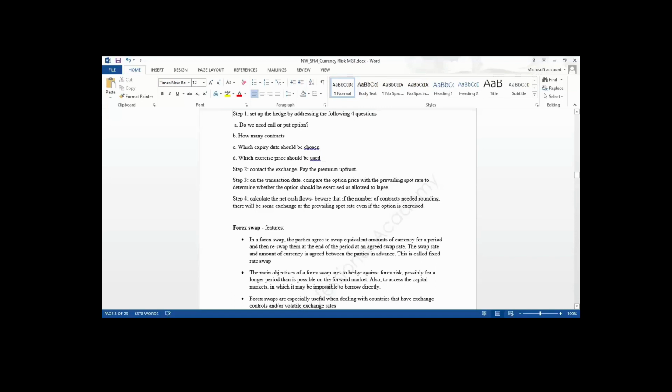The main difference is that forward contracts are used for foreign transactions within a short period, usually less than 1 year, while forex swap is used for foreign transactions of a longer period of time.